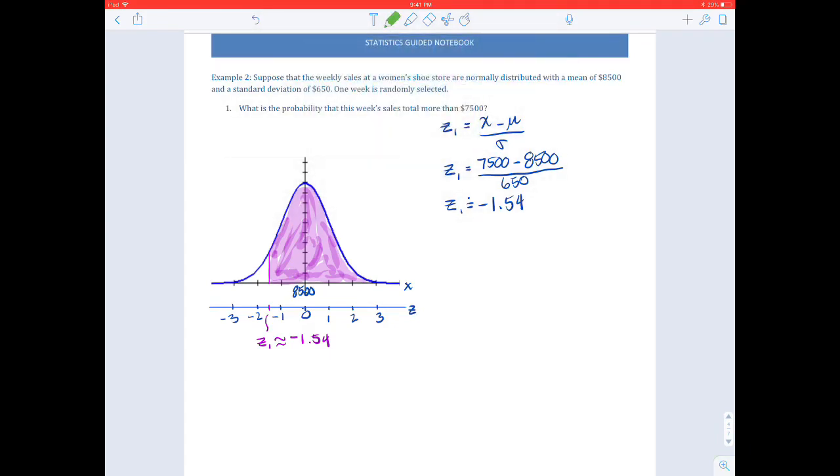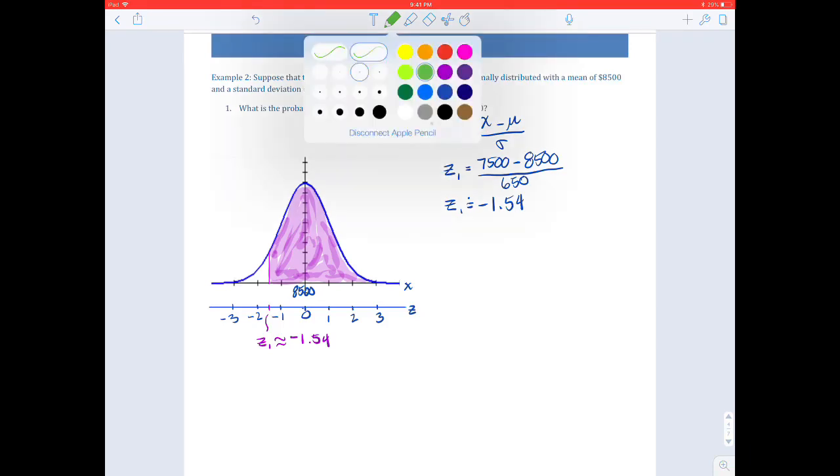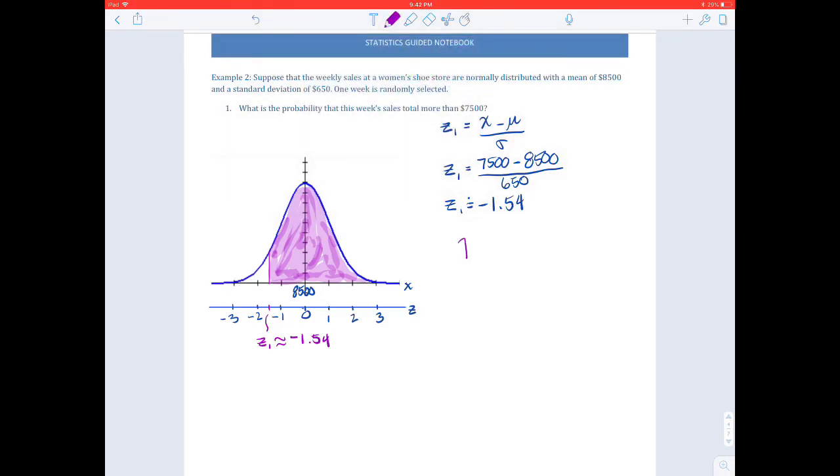Now, remember that we have symmetry. The probability that x is greater than some x is equivalent to the probability that some z is greater than the z1 that we found. That would be the probability that z is greater than negative 1.54.